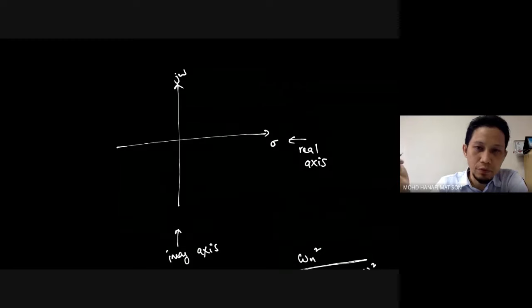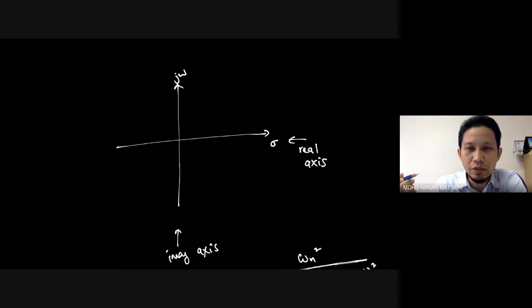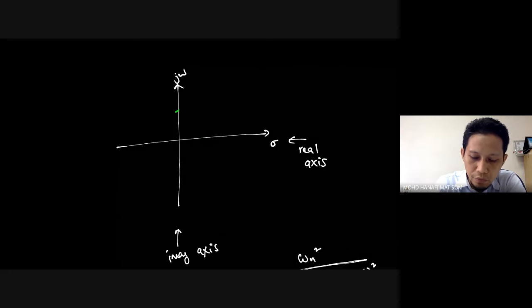Let's say, for example, we have poles located on the imaginary axis. We have one here, one here. When we have poles like this, we call them complex conjugates. Remember the imaginary expression? You have, let's say, A plus B j, and we also have another one at A minus B j.